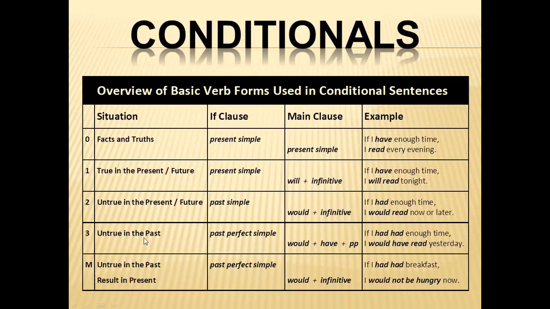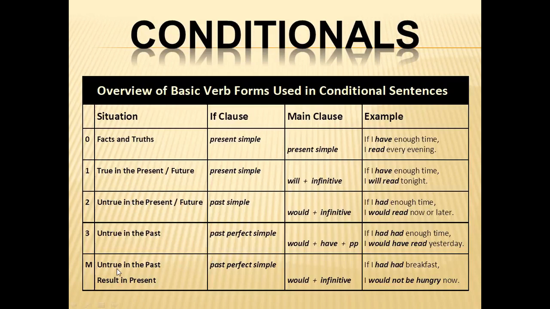Number 3, we use the third conditional for things untrue in the past. You have to use past perfect in the if clause, and would plus have plus participle in the main clause. For example, if I had enough time, I would have read yesterday.